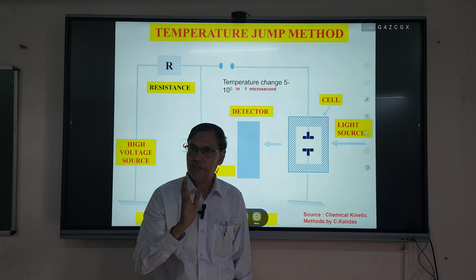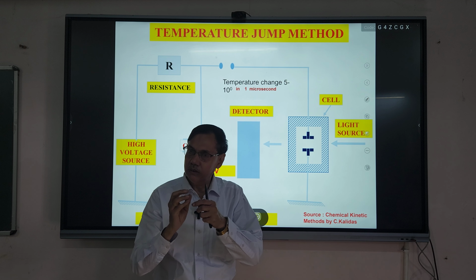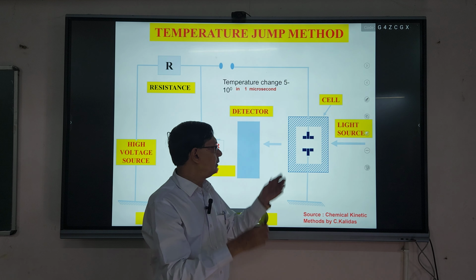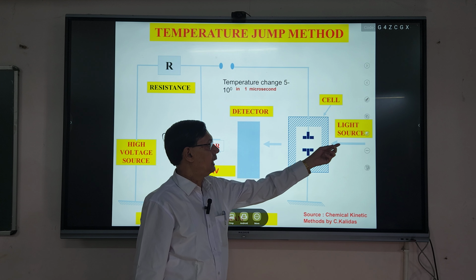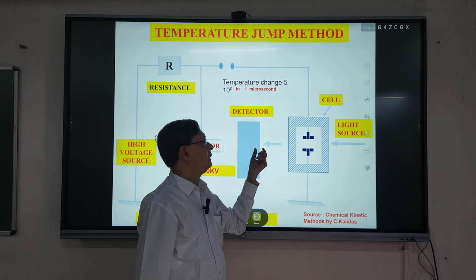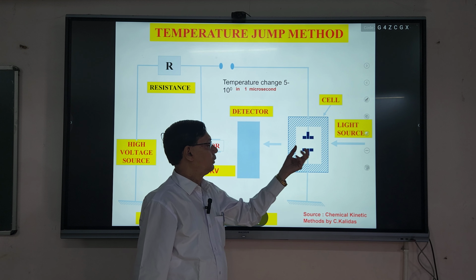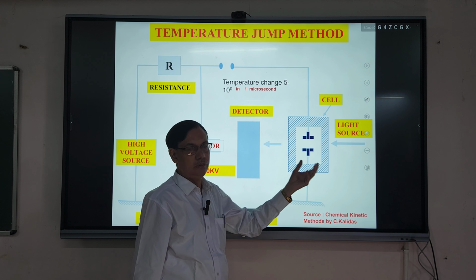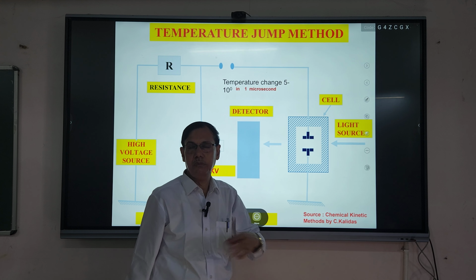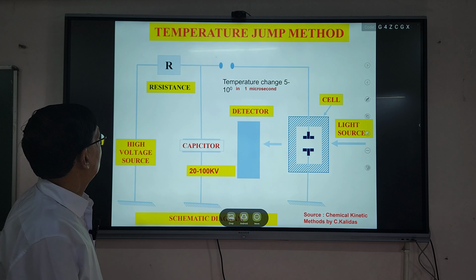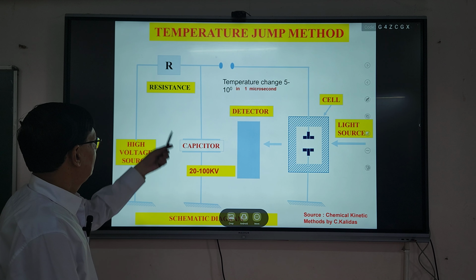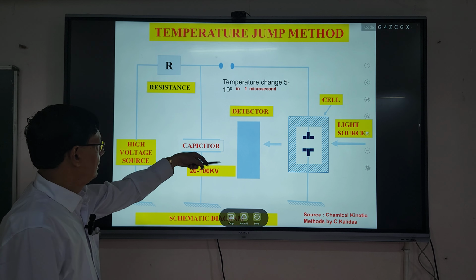What does it mean? The system is the same, only you are monitoring the change in absorbance after the chemical reaction. It may also be fluorescence, a polarimeter, or a light scattering method.